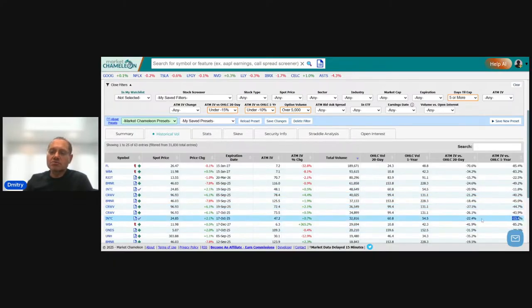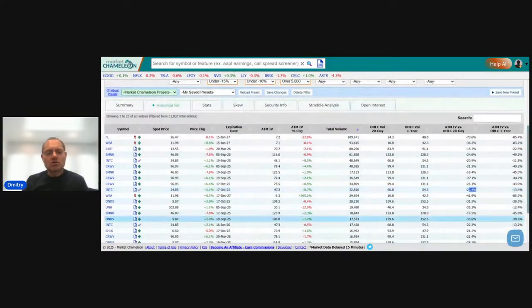Here's Intel, 13%, 22%. So what we're doing here is narrowing down the potential securities and options expirations that fit our criteria, right, with trading volume and implied volatility, trading at a discount to the historical 20-day and 1 year realized volatility, and narrowing down those expirations so we could do further research.